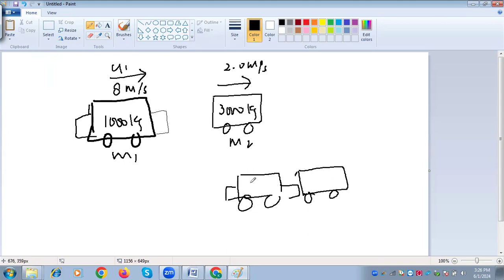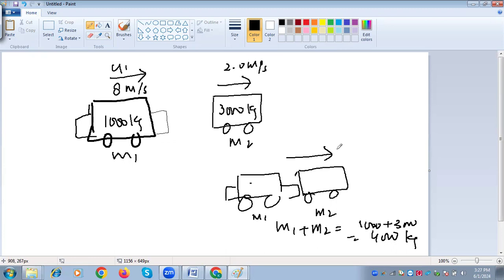So what is the total mass? This is M1 and this is M2. So M1 plus M2, that will be 1000 plus 3000, that is 4000 kg. And they move with the common velocity because they are moving like a single body. So their common velocity is to be found out.